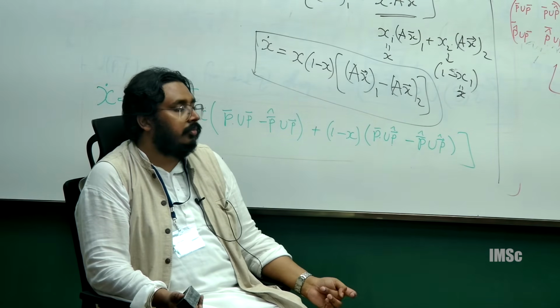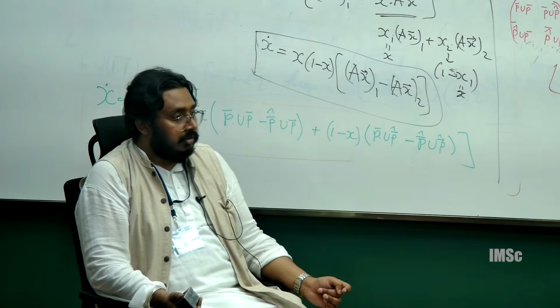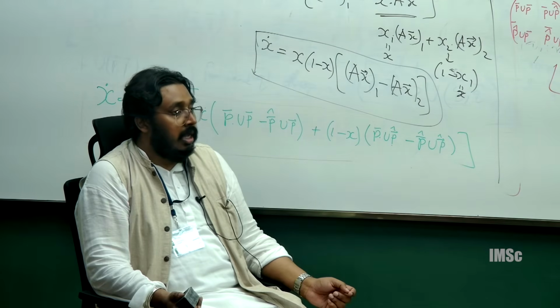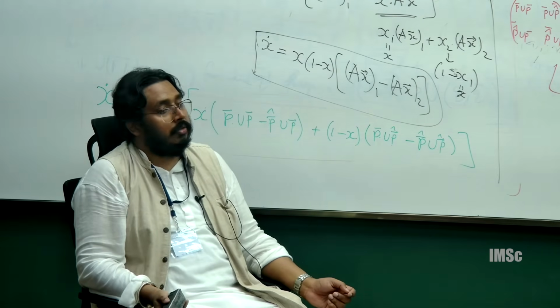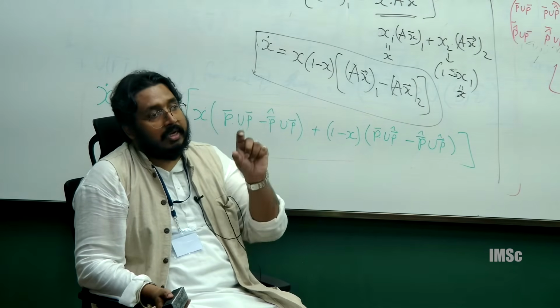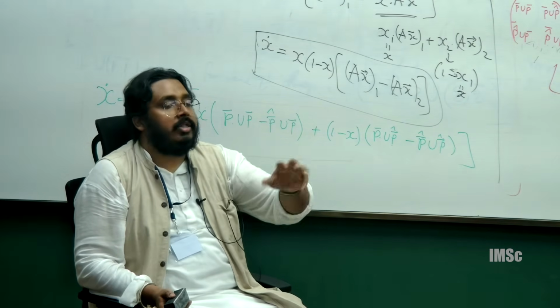Is there a common fixed point for all the exercises? What do you mean by common fixed points? Like here, in 0, 1, the fixed point will be for the x1 method. No, that's not how you calculate fixed points. If I write down an n-dimensional differential equation, a fixed point means that simultaneously the right-hand sides of all the xi dots have to go to 0. It does not make sense to say that one xi has gone to 0, the other one has not, and I can still call it a fixed point.